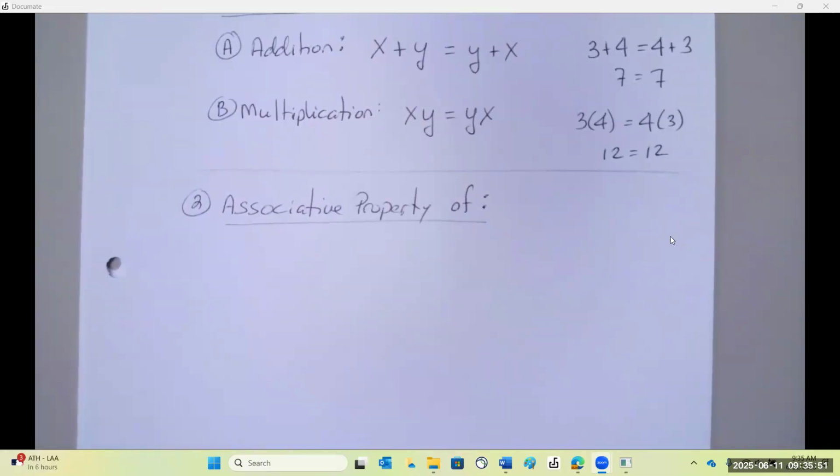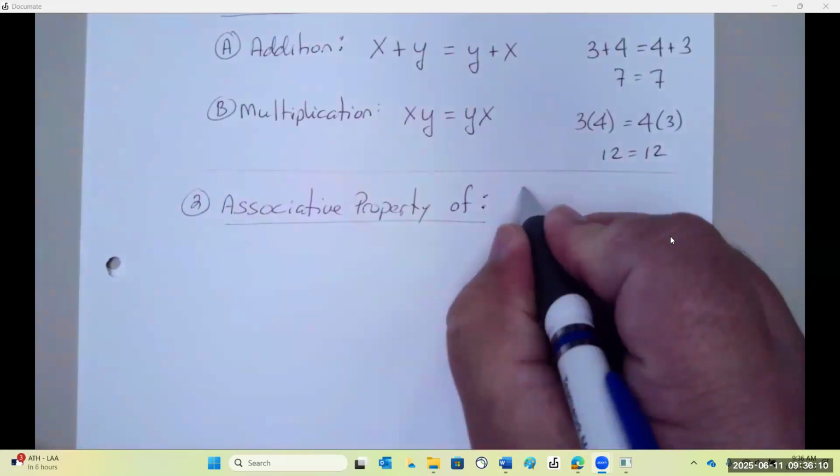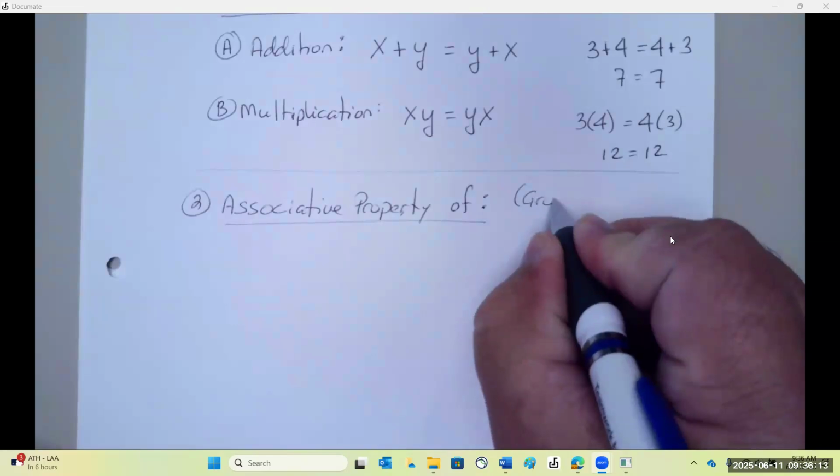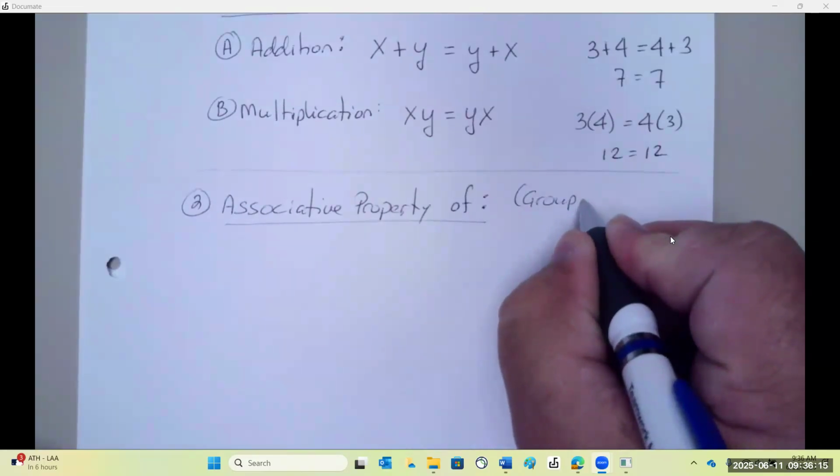Kind of, but not really. When you associate with your friends, what do you do? You talk to, you communicate, but what have you just created? A network or a group. You're not really combining things yet. So this one deals with grouping.